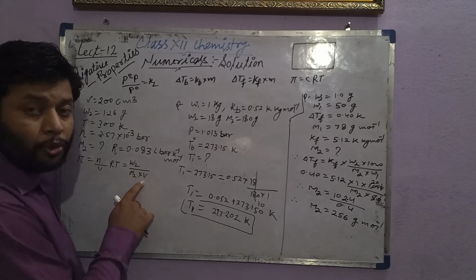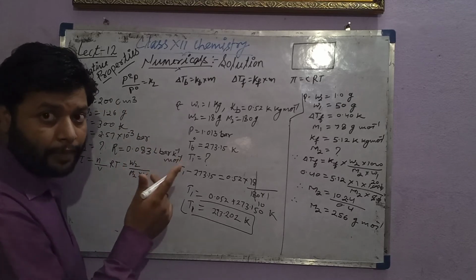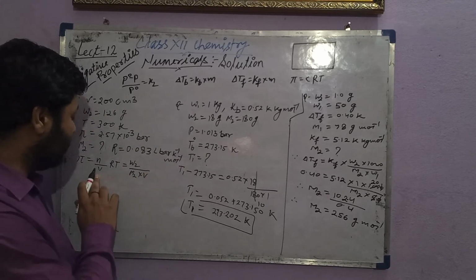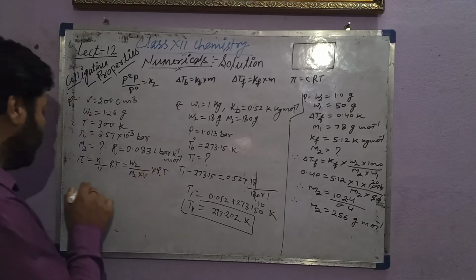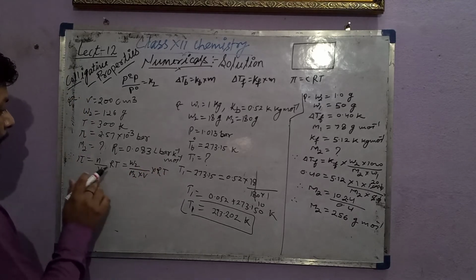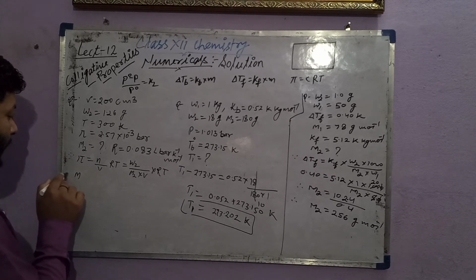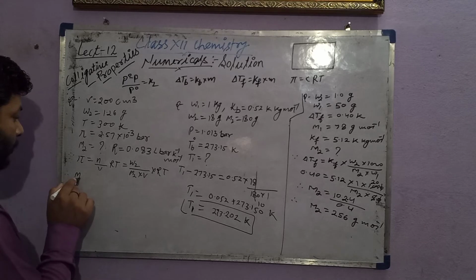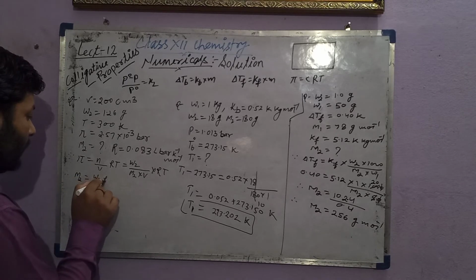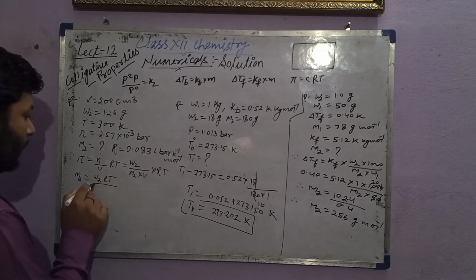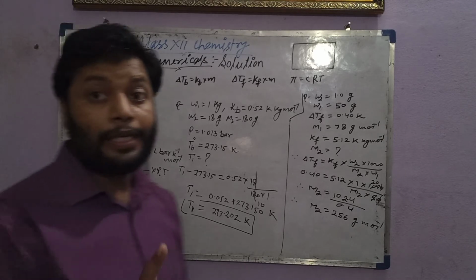This volume should be in liter, but here it is in centimeter cube, so it has to be converted into liter. Pi is given, and you have to calculate the molar mass of solute. So the formula can be written as M2 equal to W2 RT upon pi into V, volume in liter.